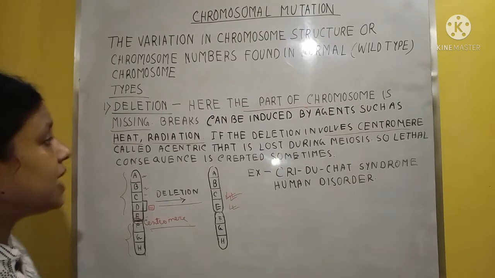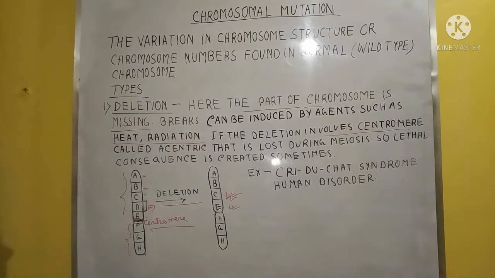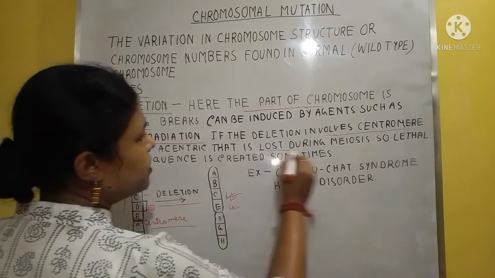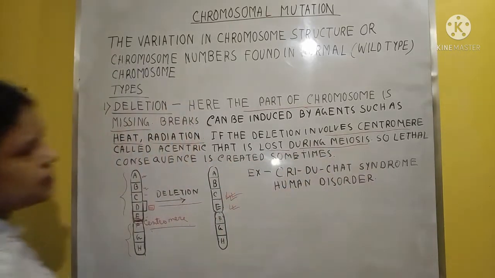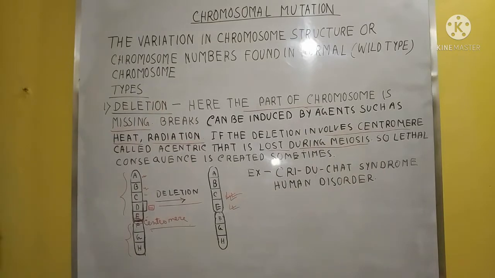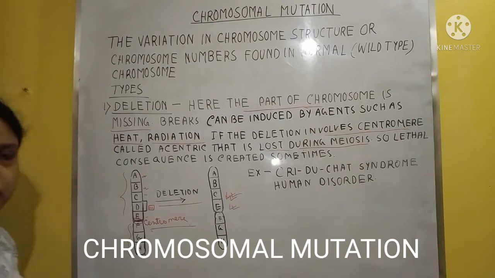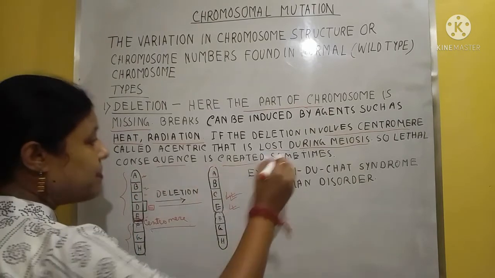Clear? This is called the acentric chromosome, and this acentric type of chromosome generally is lost during the meiosis process. So lethal consequences may sometimes be created.